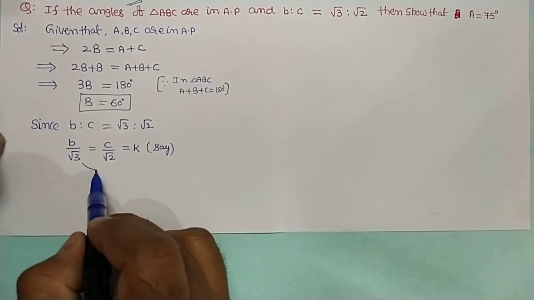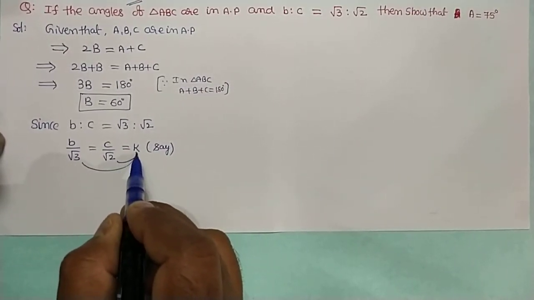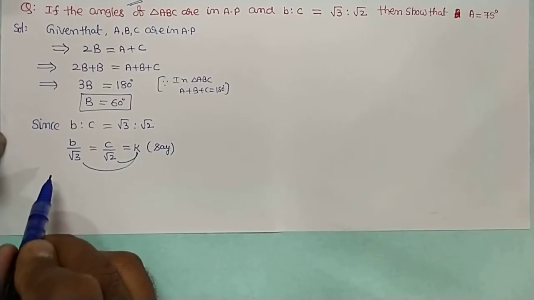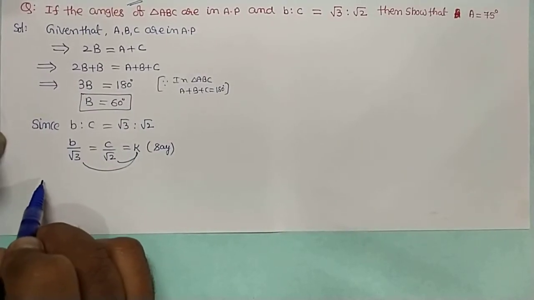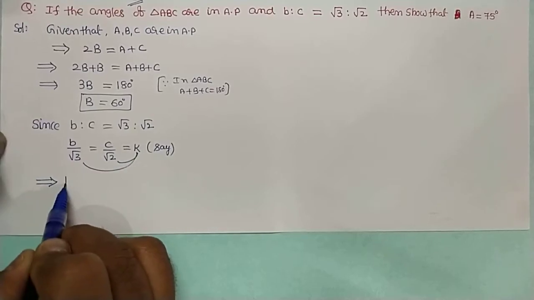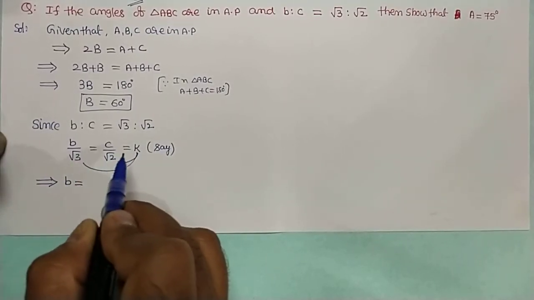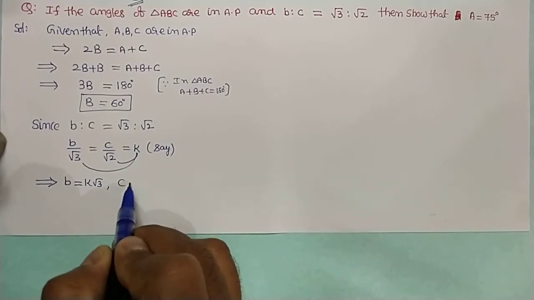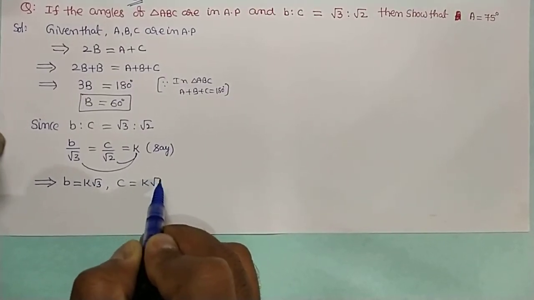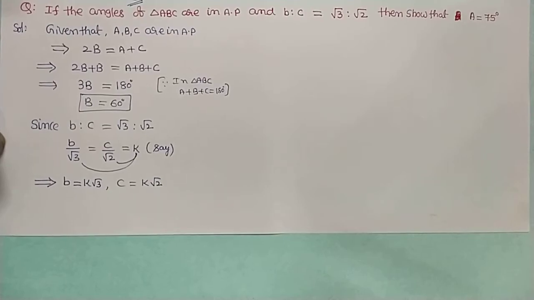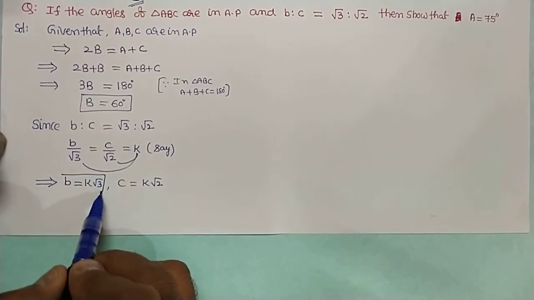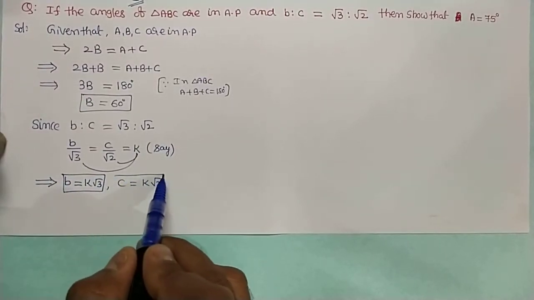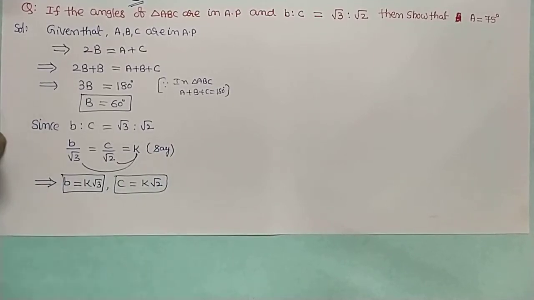By equating these, we will get the values of b and c. Small b is equal to k into root 3 and small c is equal to k into root 2. These are the values of sides b and c respectively.